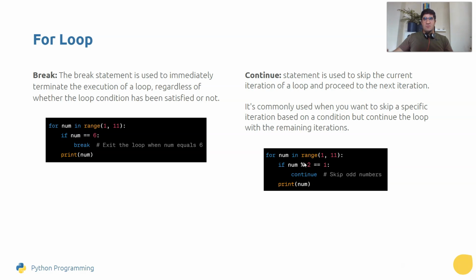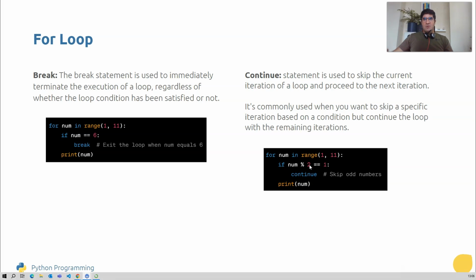So in fact, odd numbers are those numbers that if we try to divide them by 2, the remainder will be 1. So in fact, we said for number in range 1 to 11. So the number will be 1 to 10. If the remainder of the division of the number by 2 is equal to 1, it means this number is odd, is not even, and we will continue.